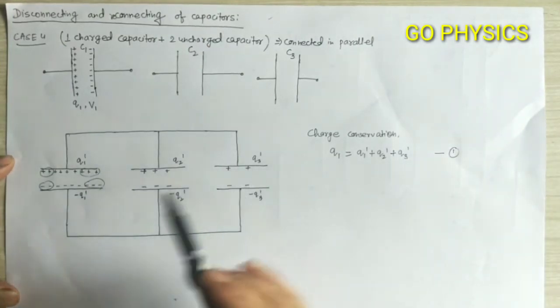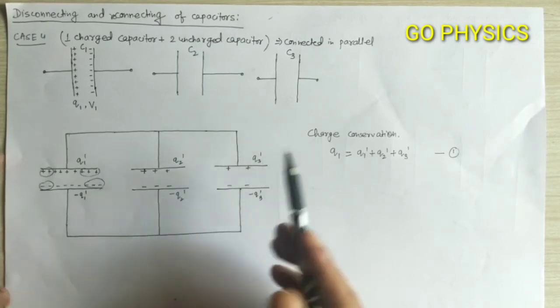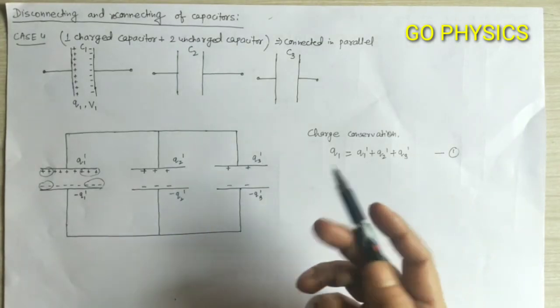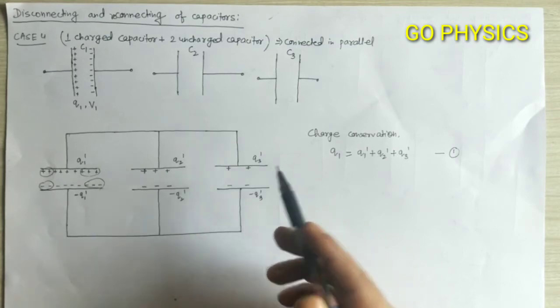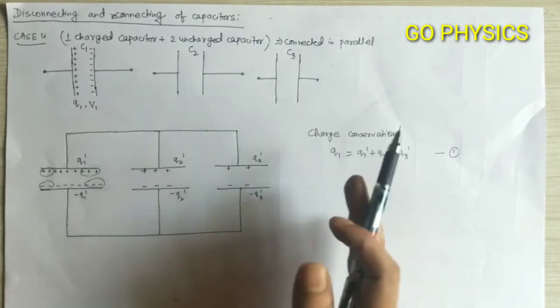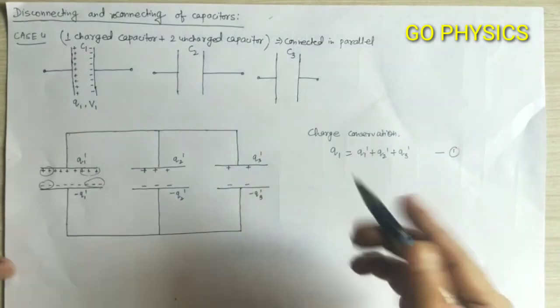Now, since all three capacitors are in parallel, the final potential difference across all three capacitors, after the steady state is reached, will be the same, as it is a concept of parallel combination.